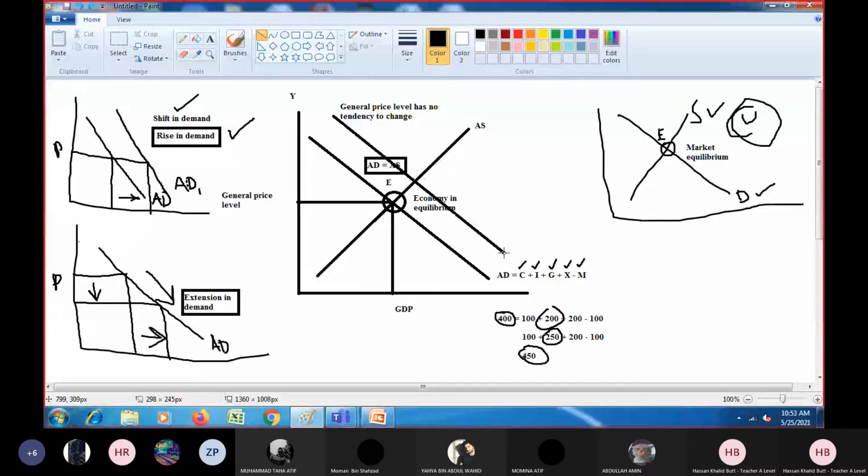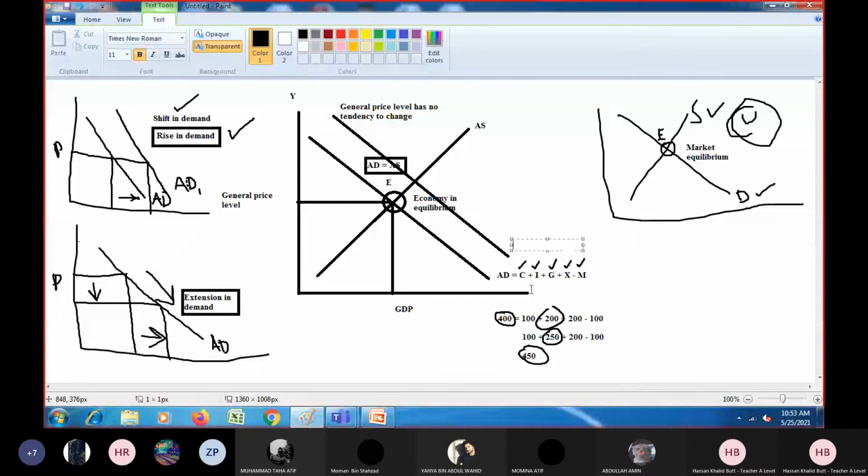So an increase in demand is always shown with a rightward shift in the demand curve. Remember, so I'll take here AD1. This is a new demand curve.